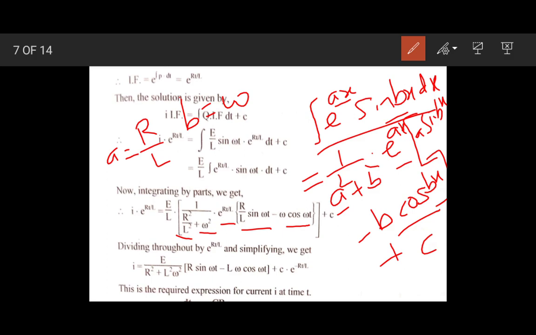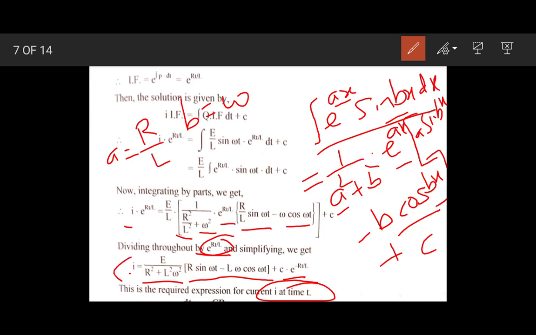So when we divide throughout by e raised to RT upon L, we get I is equal to E upon R square plus L square omega square into R sin omega t minus L omega cos omega t, plus c into e raised to minus RT upon L. This is the required expression for current at time t.